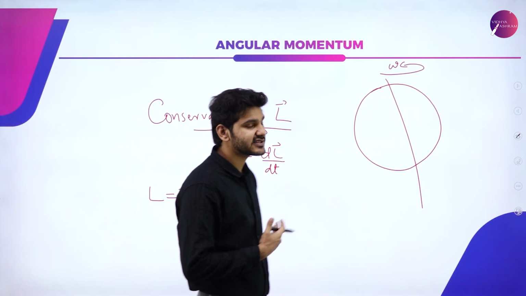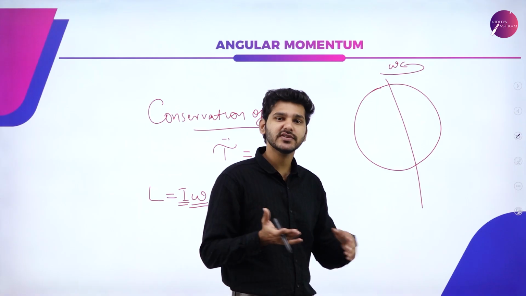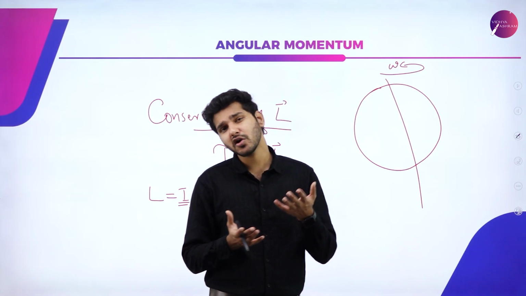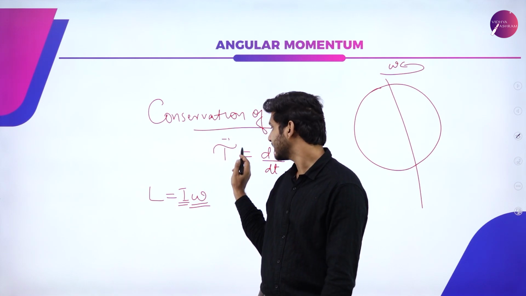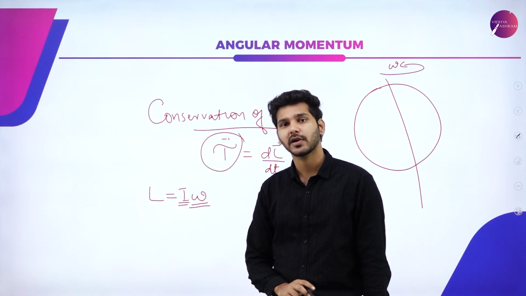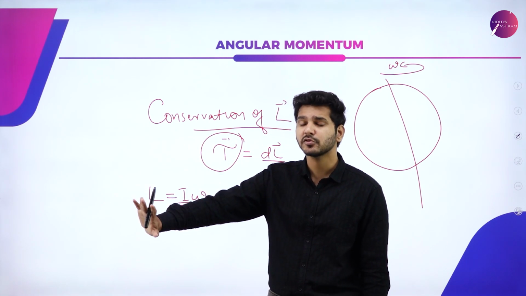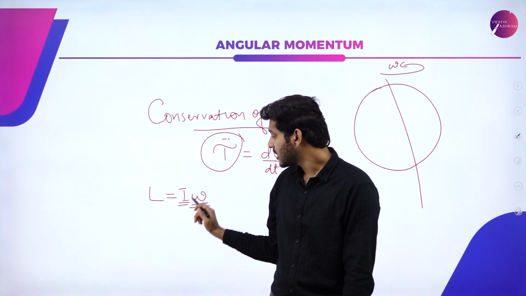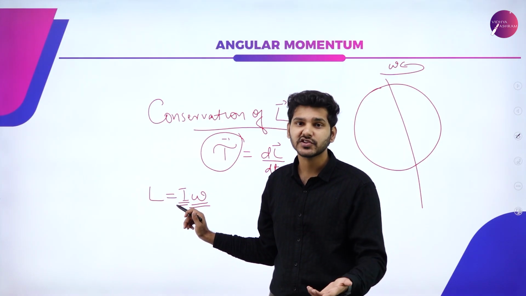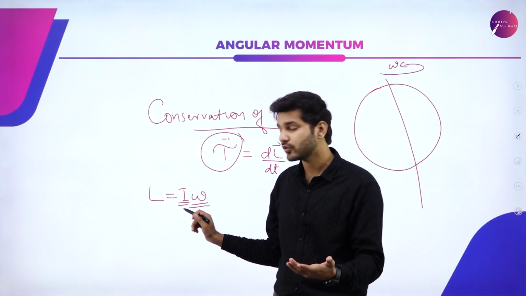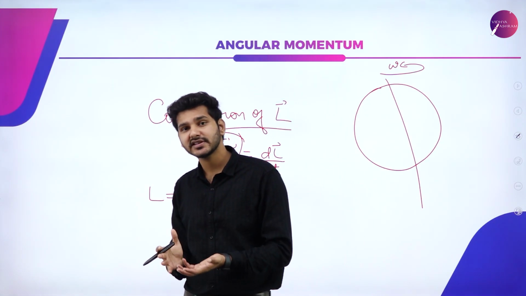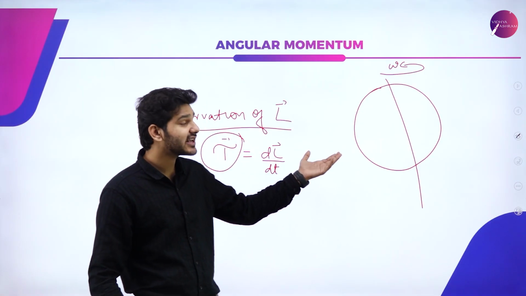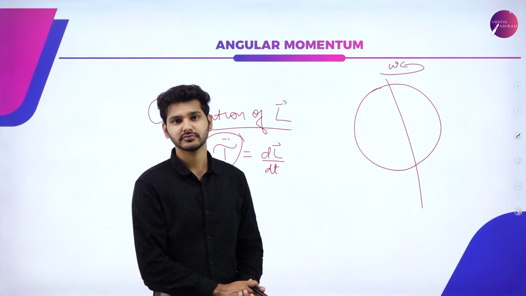By the law of conservation of angular momentum, there is no external torque applied, and mass cannot be changed, so the only quantity that can change is omega. So to conserve this angular momentum, the body has to now spin faster.